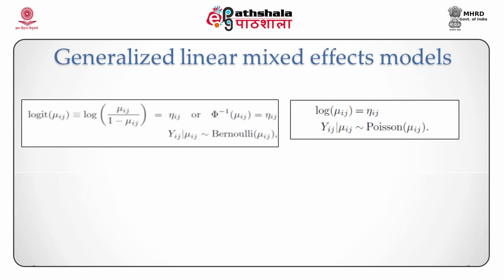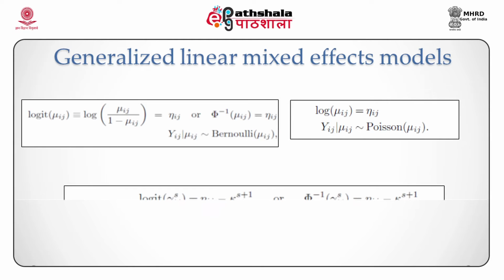We can also generalize this further to introduce the concept of categorical data. So instead of a binary outcome, we have a categorical outcome, and we can model this by assuming, for example, the logistic model.